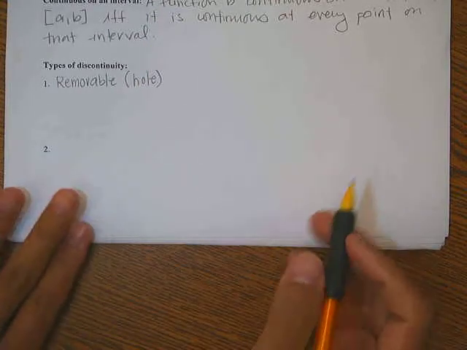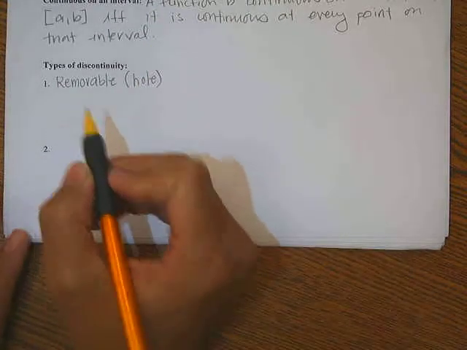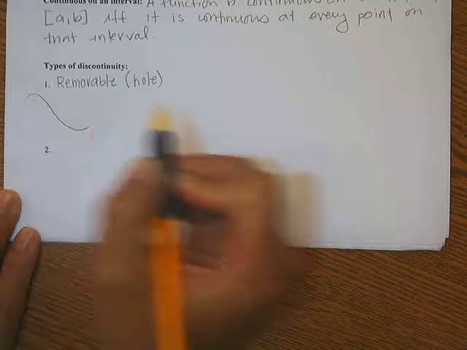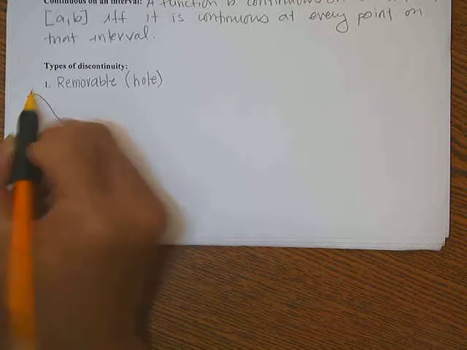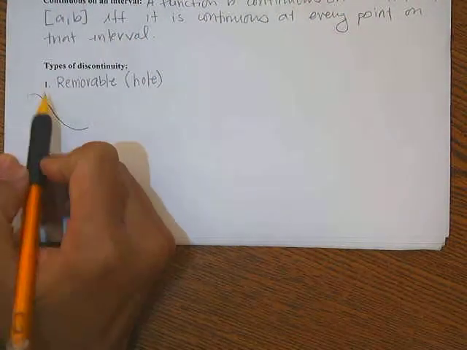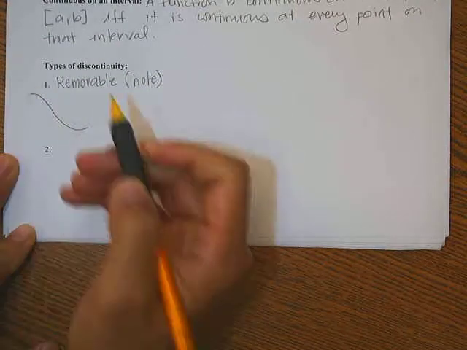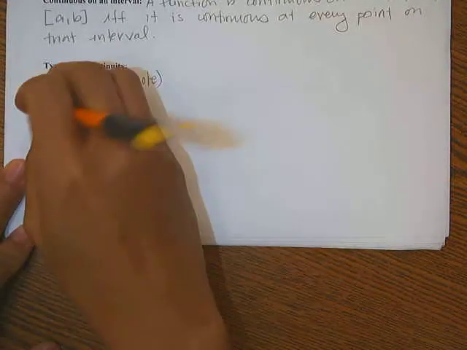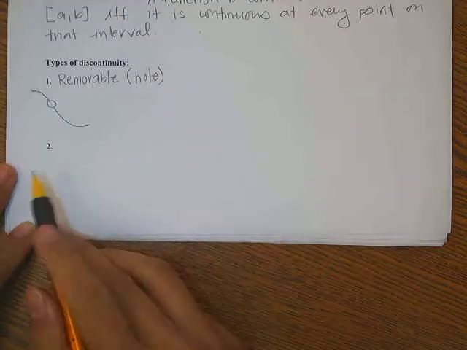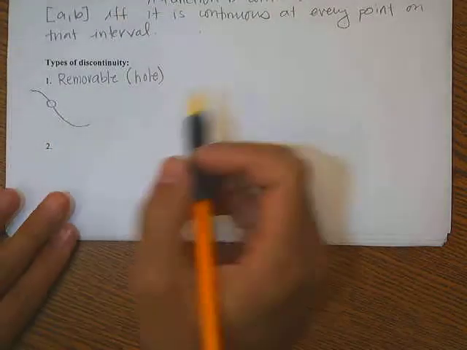Let me give you a little sketch. Here's some curve that I'm using. I'm not going to do the endpoints. It can be going on forever or not. And let me put in a hole somewhere in the middle. So this is a removable discontinuity.